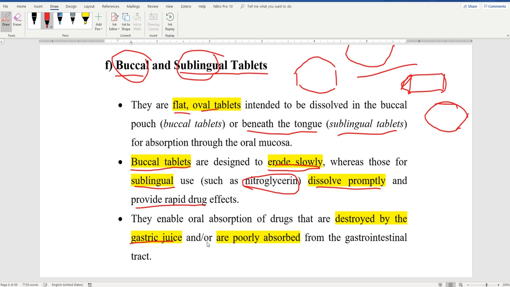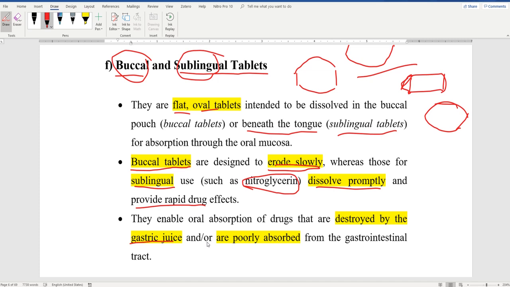undergo first pass metabolism. يعني if I take the drug orally, it goes to the stomach and intestine, the drug gets absorbed, and then it goes to the liver, and liver might remove a lot of the drug before it gets into the systemic circulation. You understand? يعني we call that first pass metabolism.